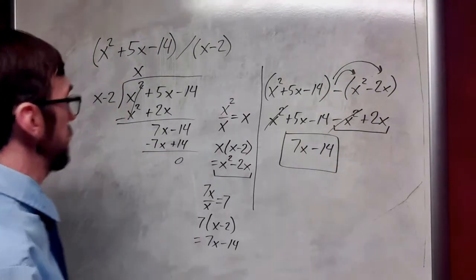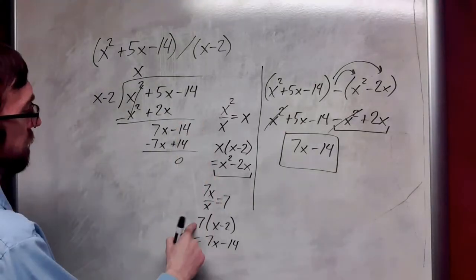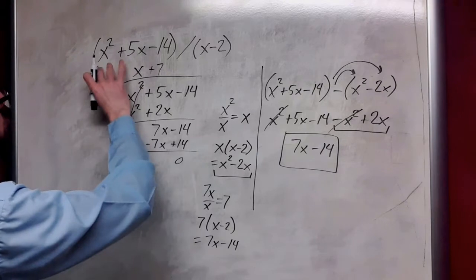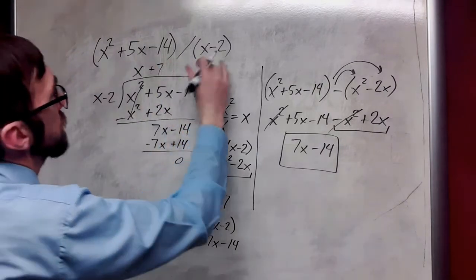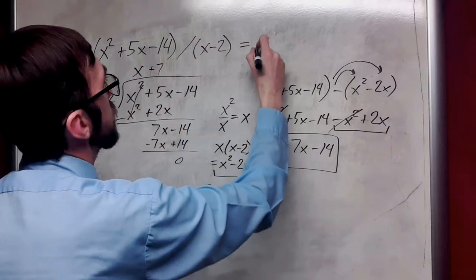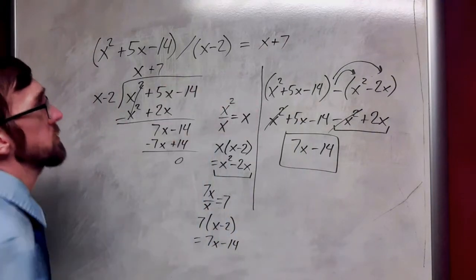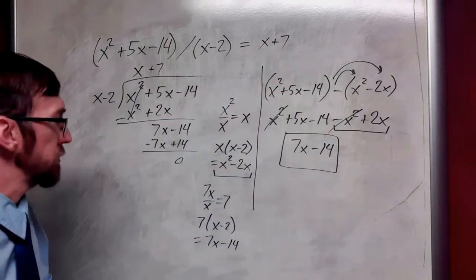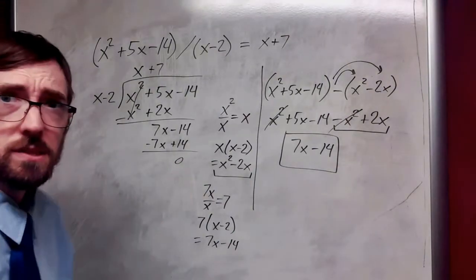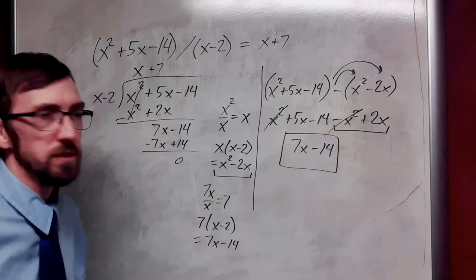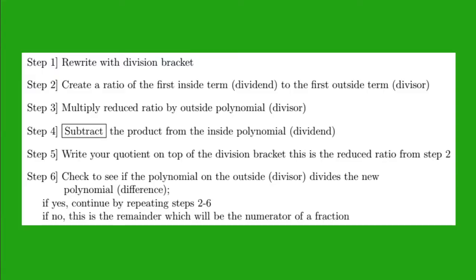This has terminated on its own, and we have that 7 is being added up here. So we find that when we take this polynomial and divide by this polynomial, we get a quotient of x plus 7. So another polynomial. This ended nicely with a 0 here, so we don't have to create any kind of a fraction up here.